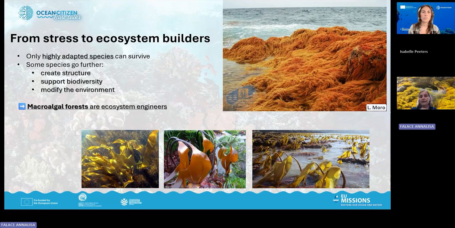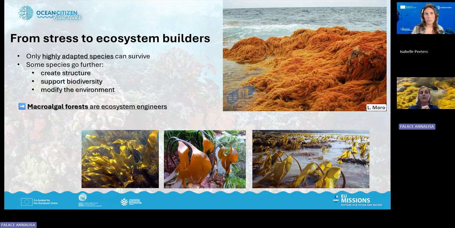When we talk about marine forests, we refer to structural taxa that form complex, three-dimensional habitat that is vertically developed, that can offer shelter, resources, habitat, and substrate for many marine organisms. So they are normally associated with high biodiversity.